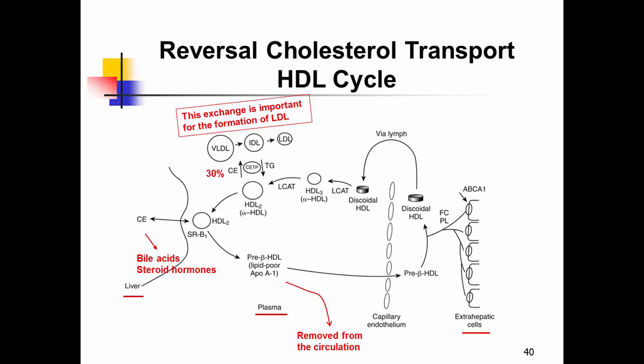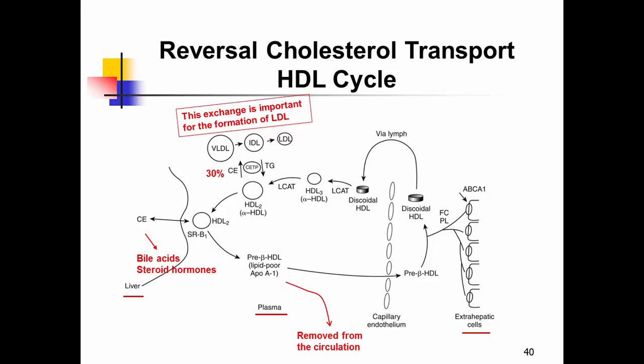There are actual cases of patients who are ABCA1 deficient, so they have a problem with the pickup and disposal of cholesterol, and a lot of cholesterol accumulates in the peripheral cells. If it's in the macrophages of the artery wall, it causes atherosclerosis. So pre-beta HDL picks up free cholesterol and phospholipids and becomes discoidal HDL.